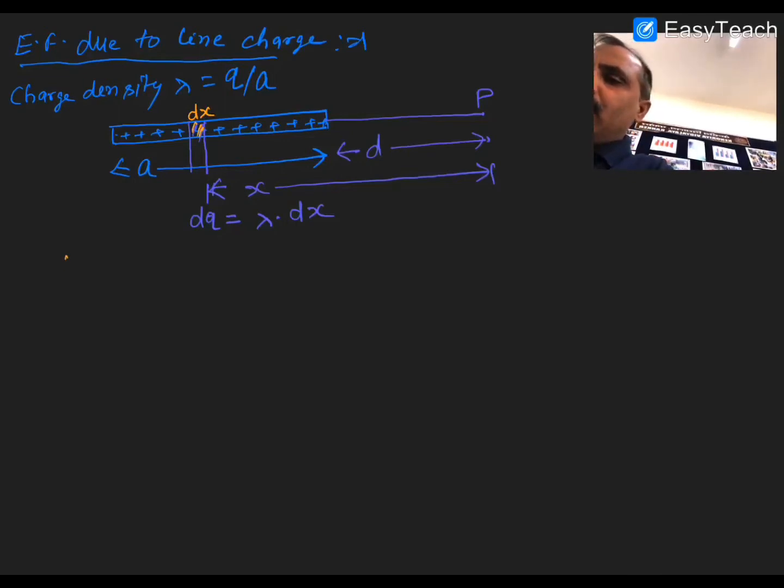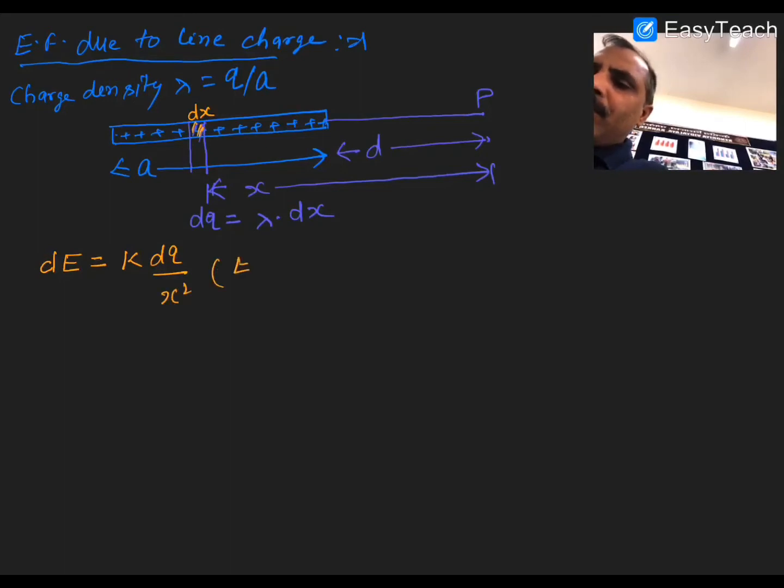We know that the electric field at point P due to the point charge dq is dE equal to kdq upon r square, where r is the distance x, so x square.